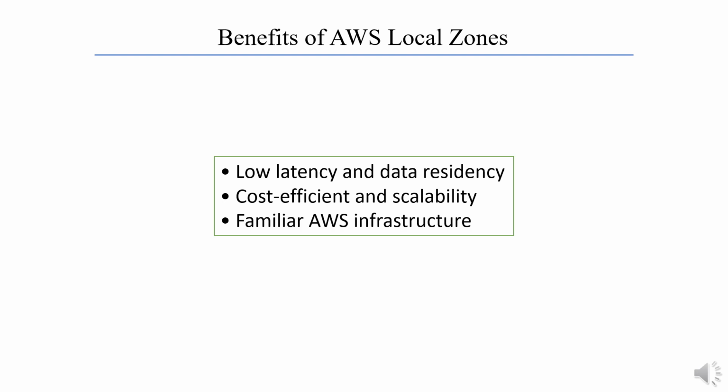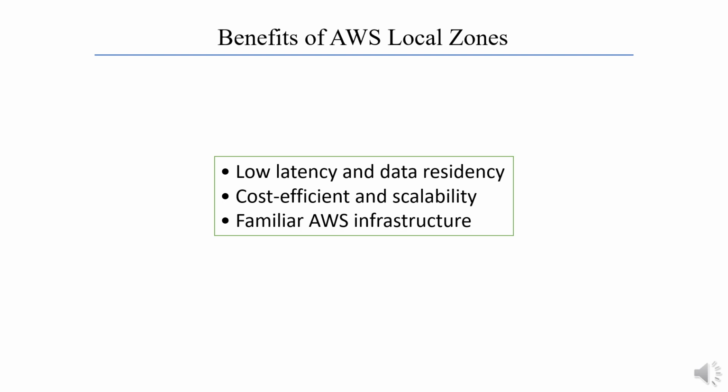AWS local zones offer the following benefits for your organization: low latency and data residency, cost-efficient and scalability, and familiar AWS infrastructure. Let's talk about each of these benefits briefly. Low latency and data residency.